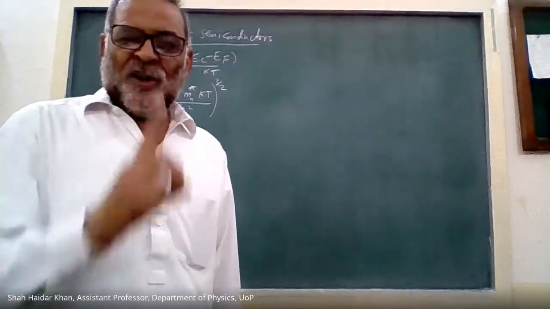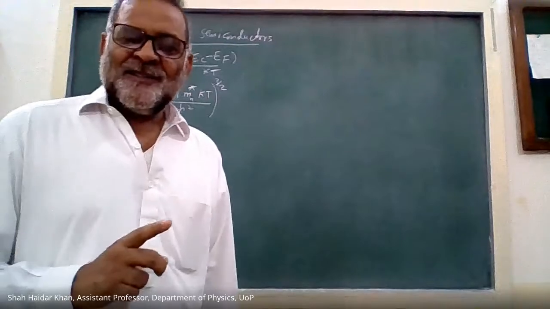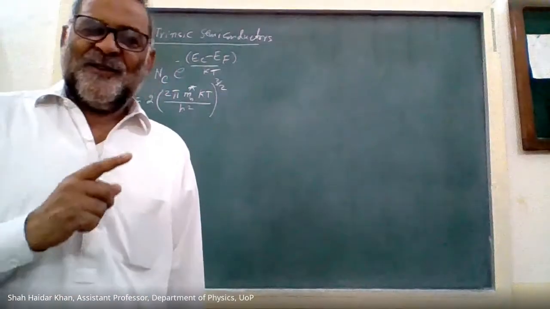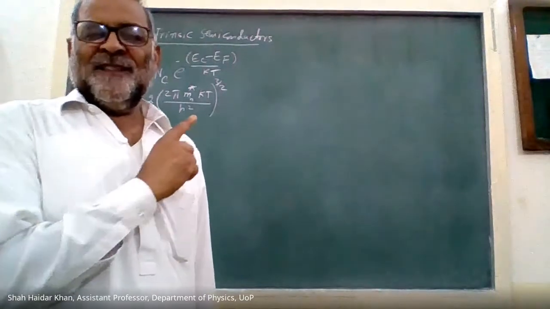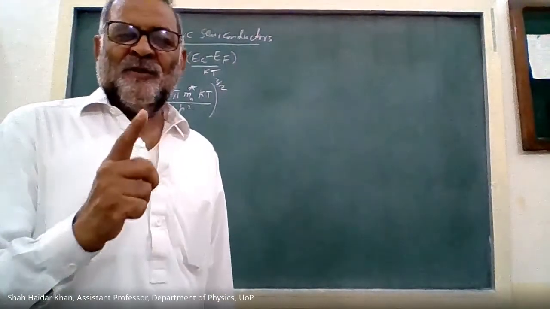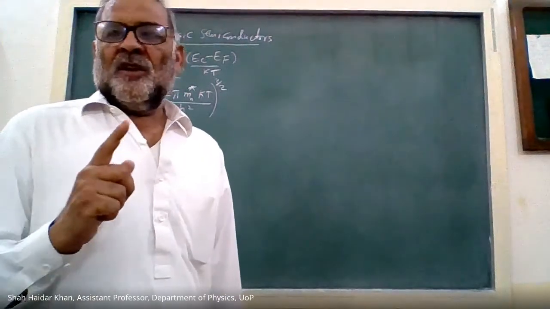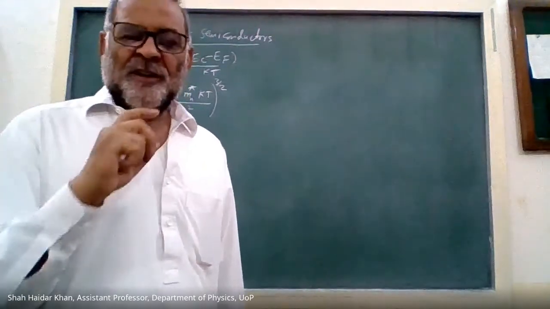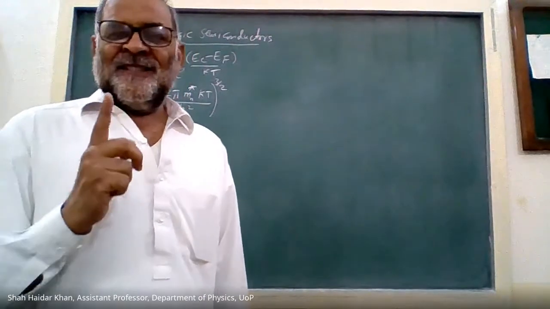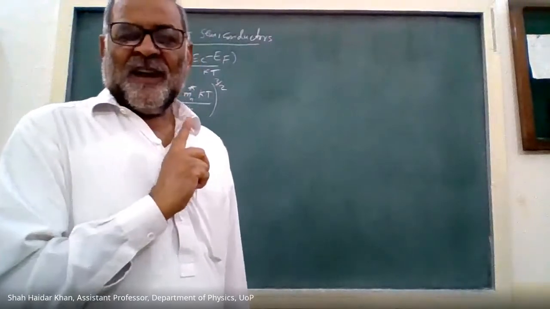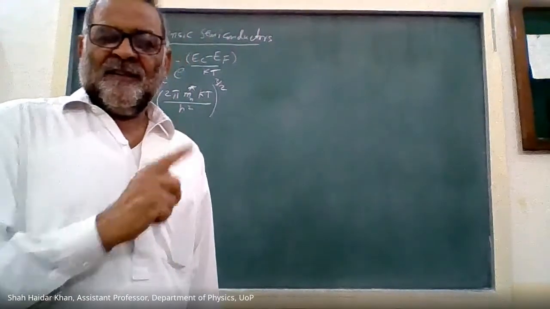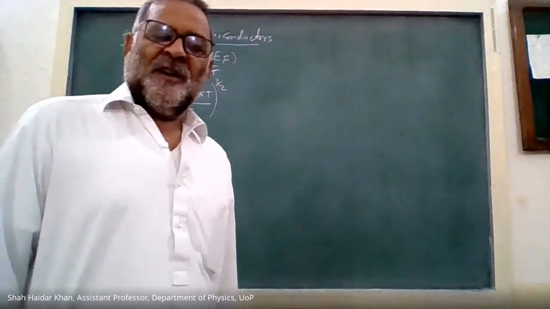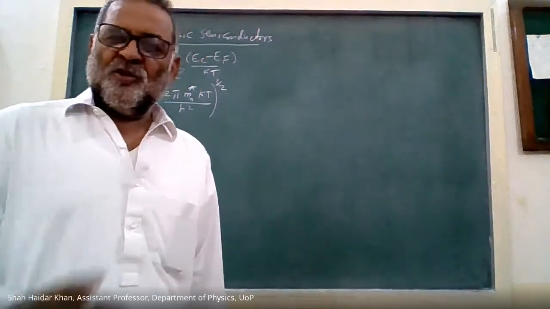Remember, in my last lecture, I forgot to put h in the denominator of the density of states. So I have put a comment on my YouTube lecture that the density of states should be divided by that h cube. There's a comment, so go to that comment.